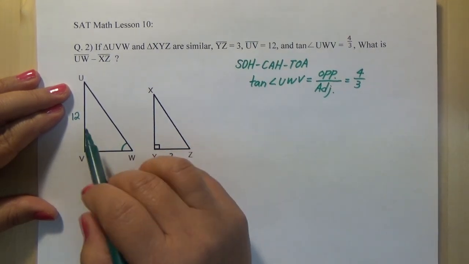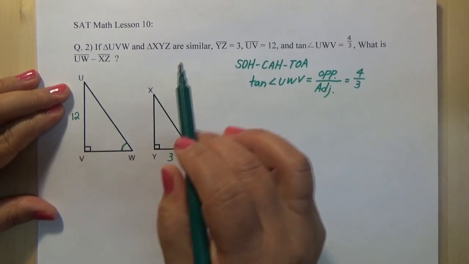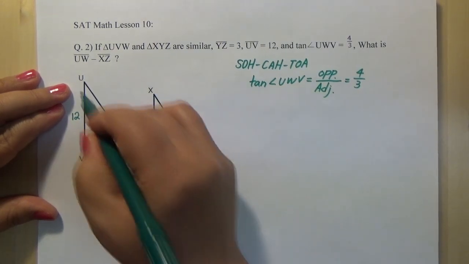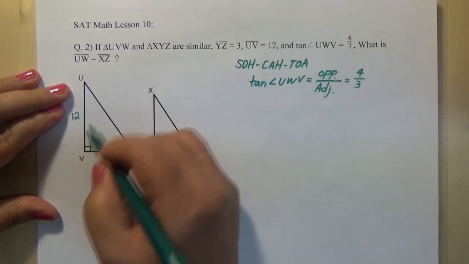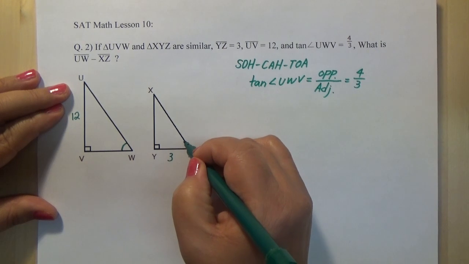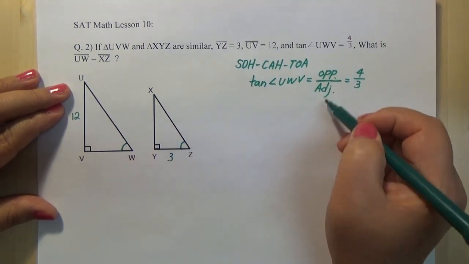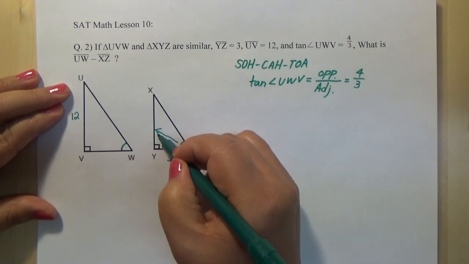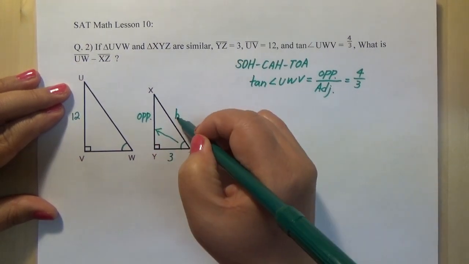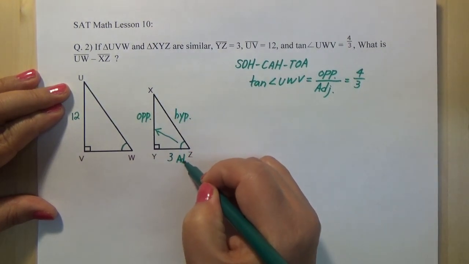So now we're going to take a look at these two triangles that are similar. Angle UWV and angle XZY are congruent, and then opposite over adjacent, opposite is this one, and this is the hypotenuse, and then this is going to be adjacent.